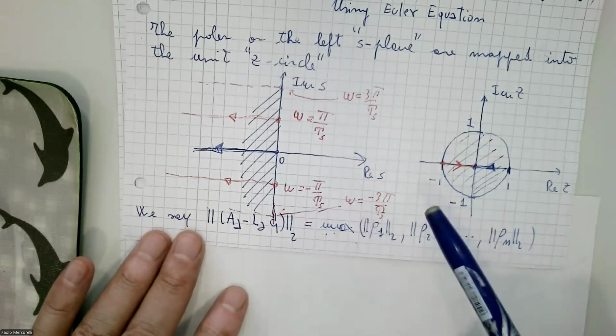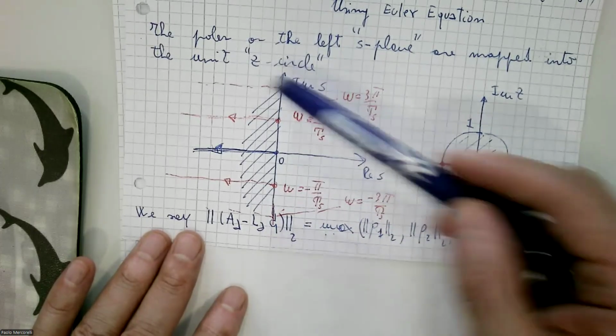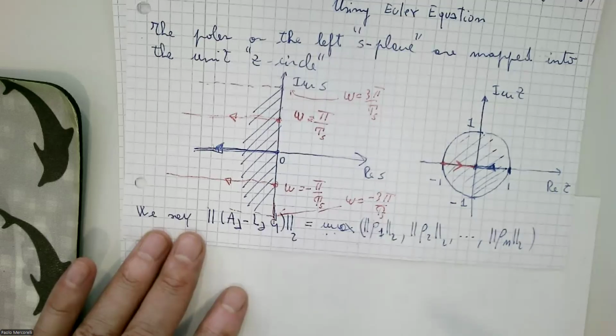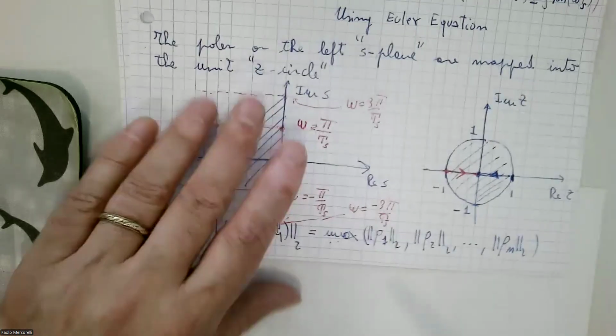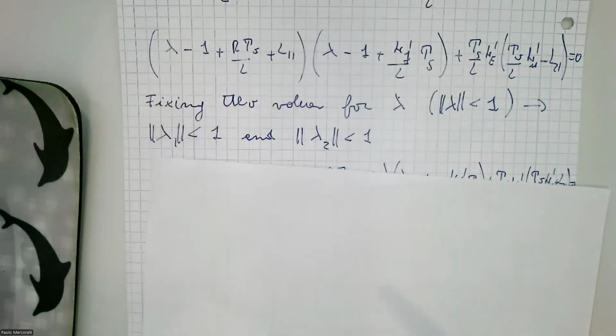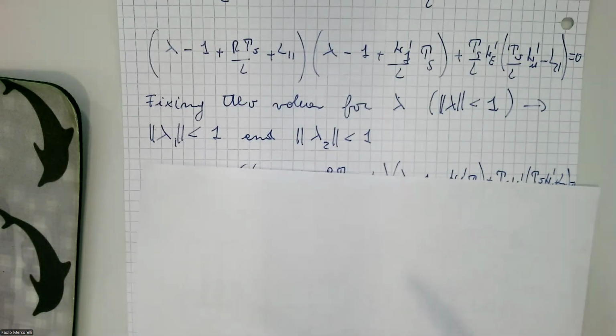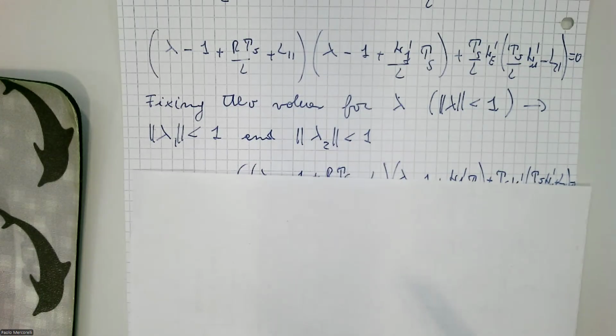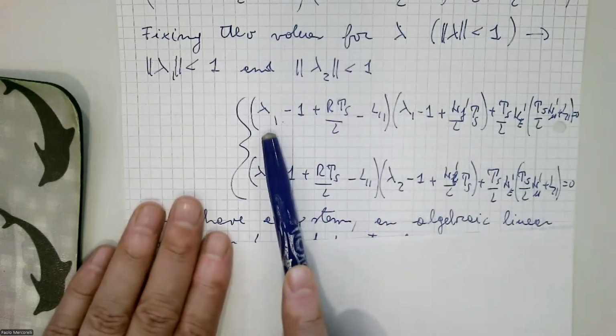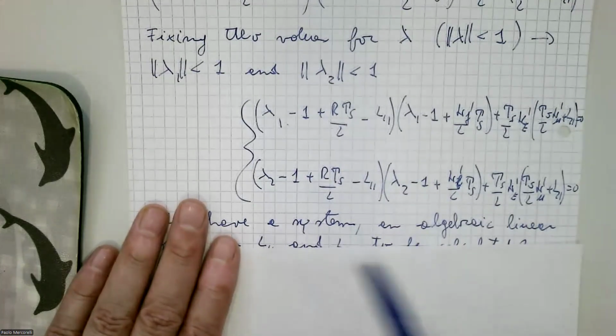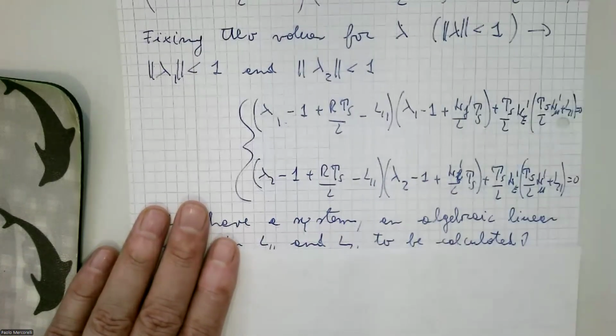I did this example with the same procedure, in a different example, considering the map forward. Remember, Z equals 1 plus STS or S equals Z minus 1 divided by TS. And remember this. Look at the MATLAB file. Then in any case, we have a lambda 1 and a lambda 2. Very important inside this condition here.